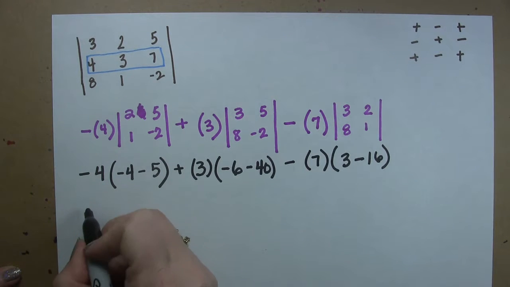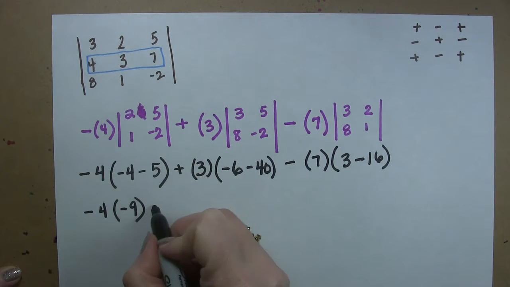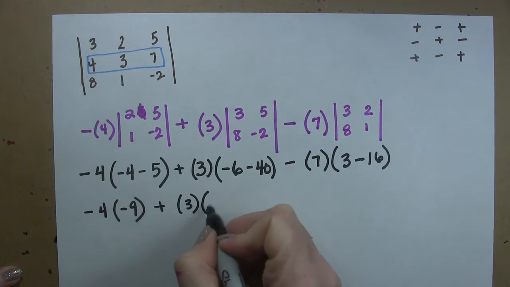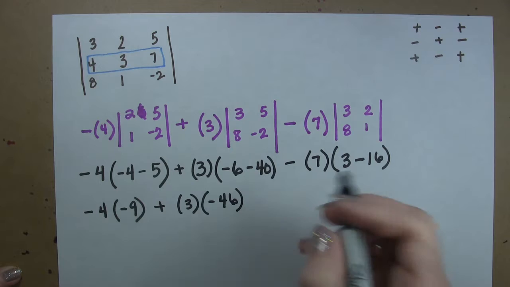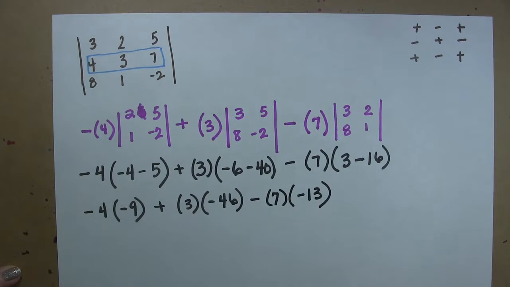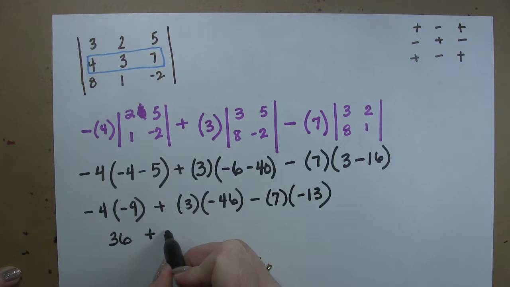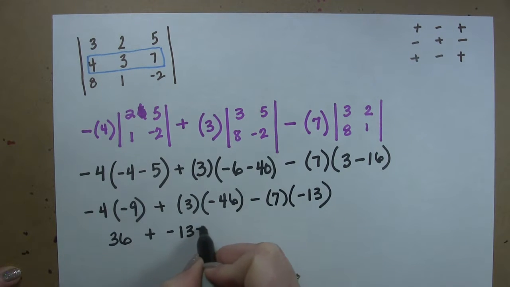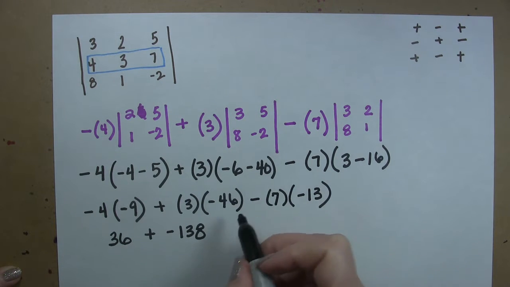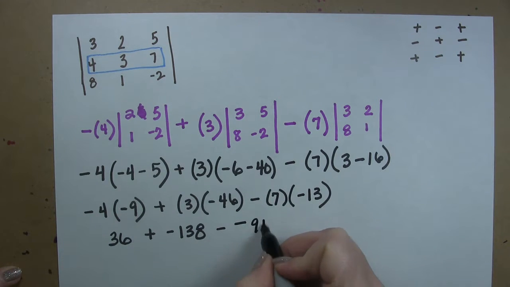So simplifying, that is negative 4 times negative 9 plus 3 times negative 46 minus 7 times negative 13. All right, so this is going to be positive 36 plus a negative 138 minus a negative 91, which really is going to be plus a positive 91.